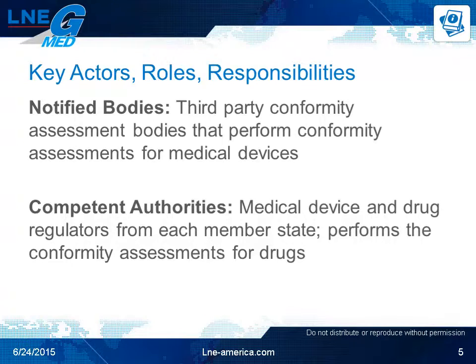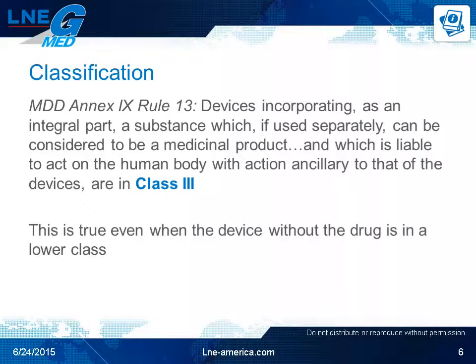Now let's move to the following slide and explain the classification of combination medical devices. It is very important to classify the combination medical devices according to the medical device directives. As some of you may already know, there are four main medical device classifications according to the MDD, from low to high risk.